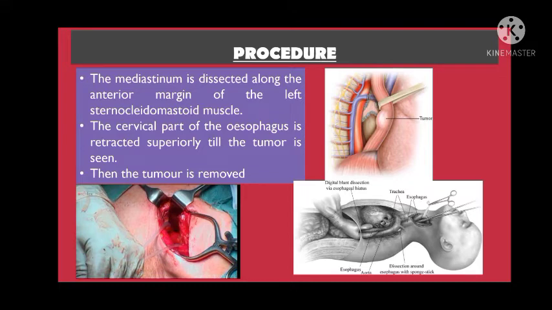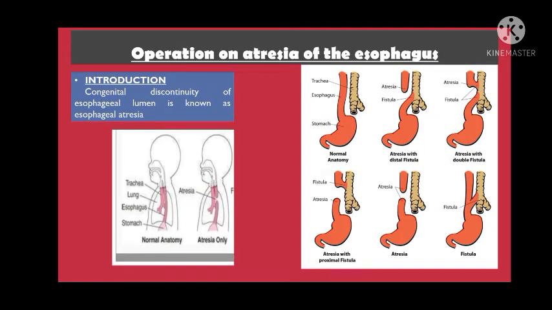Now, the operation on the atresia of the esophagus. Esophageal atresia is a congenital discontinuity of the esophageal lumen. It may be of several types, like atresia with distal fistula, atresia with double fistula, atresia with proximal fistula, and complete atresia.